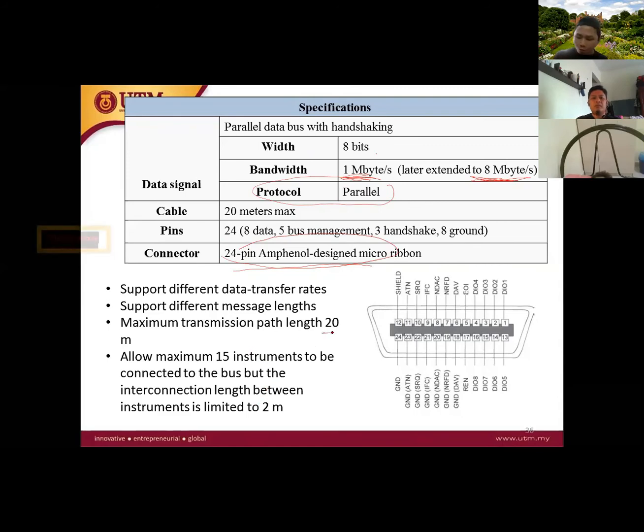The maximum length is about 20 meters, which is quite far. It can support 15 instruments connected on the bus, but the interconnection length between instruments is limited to 2 meters.